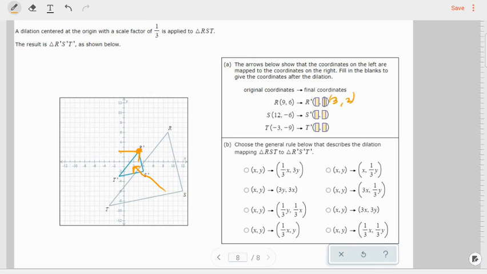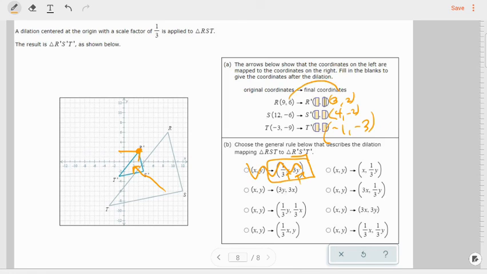So 3, 2. S is at 4, -2. And T is at -1, -3. Now, which of my rules does it follow? Remember, what the rules are saying is I'm looking to see what's happening to the x and the y. This is saying x was times by 1/3 and y was times by 3, and that's not true.